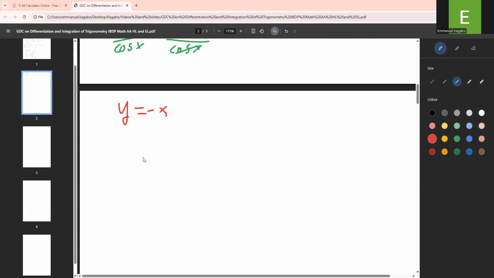Very good. Now, what do we know about the normal line? The gradient of the normal line, because they're parallel, is going to be -1.